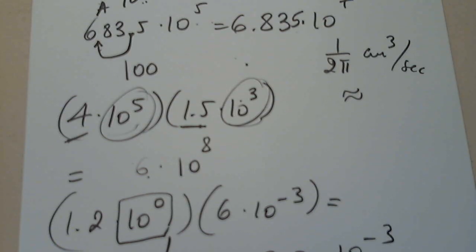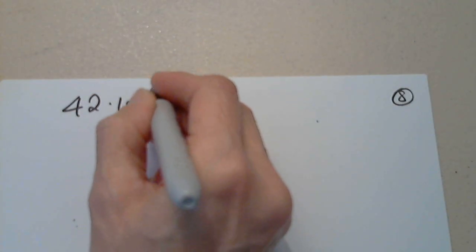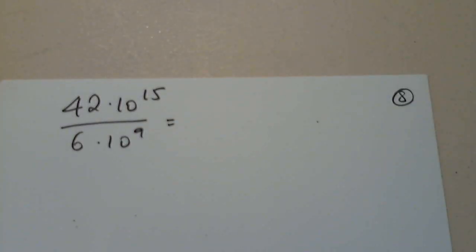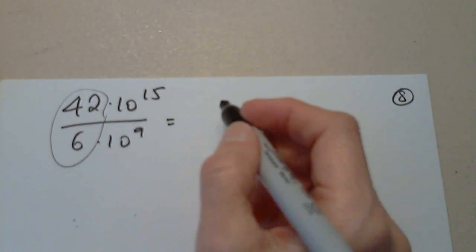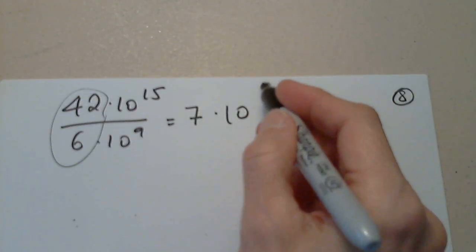Okay, a few more, 5 more. Okay, this is a good one again. It's a division. And this is 42 times 10 to the 15 over 6 times 10 to the 9th. And again, this is an easy situation though, because this division is 7 times 10 to the 15 minus 9, which is 6.